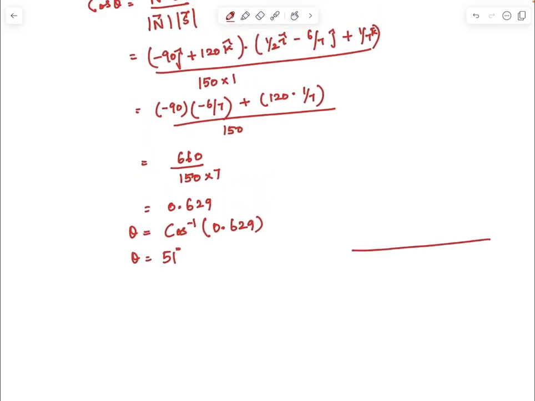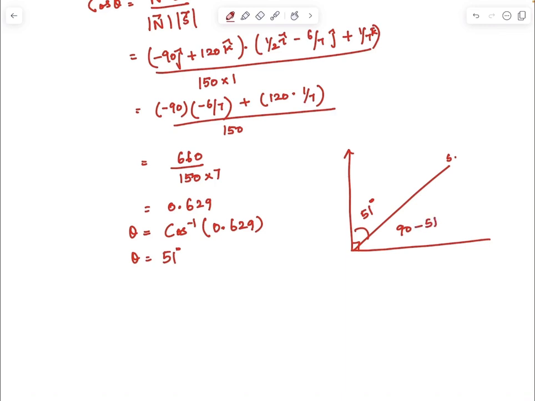Suppose this is the surface of the roof and n vector is perpendicular to the roof. Now what we have got as 51 is the angle between N and S. Say this angle. So to get the remaining angle, that is between the sun's rays and the roof surface, these two are complementary angles.